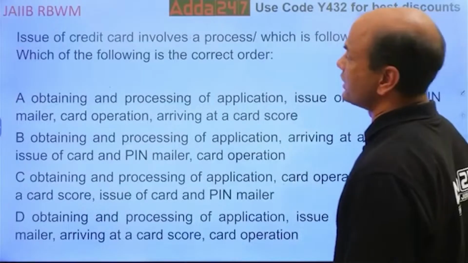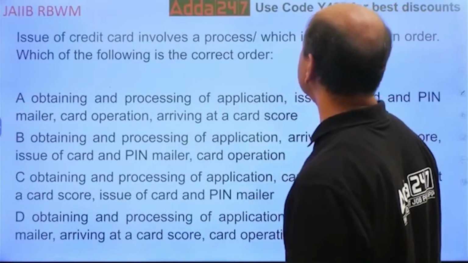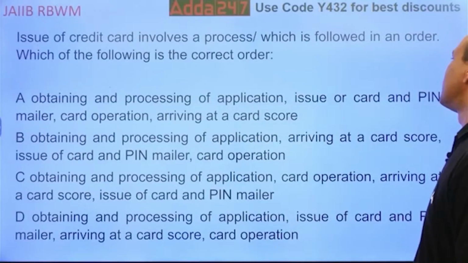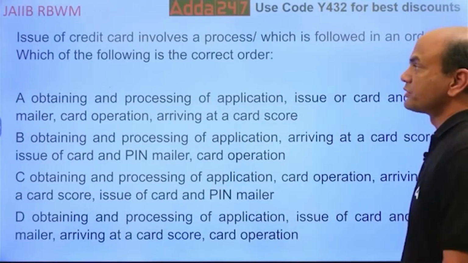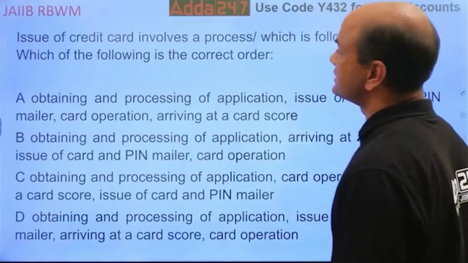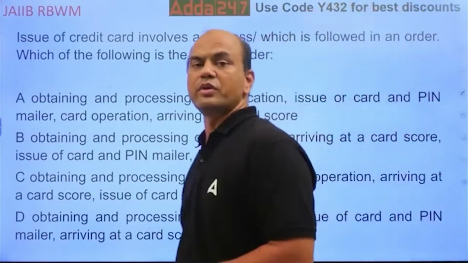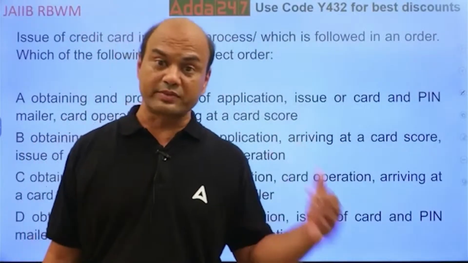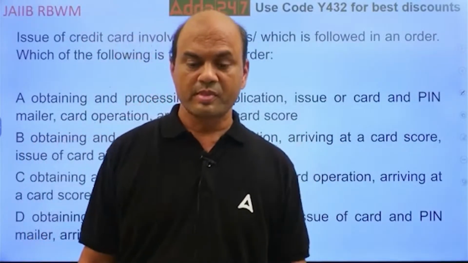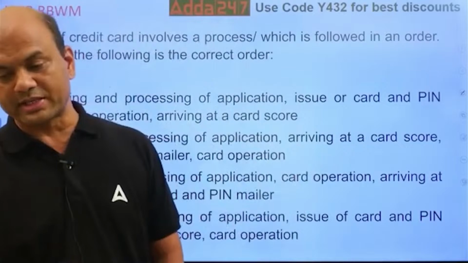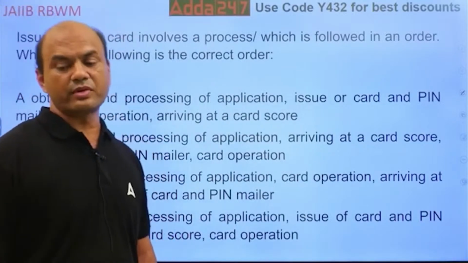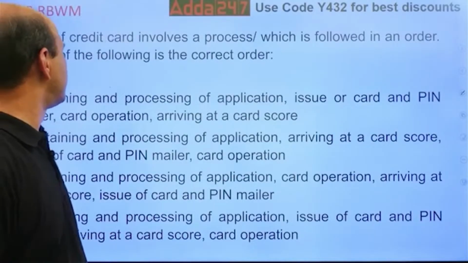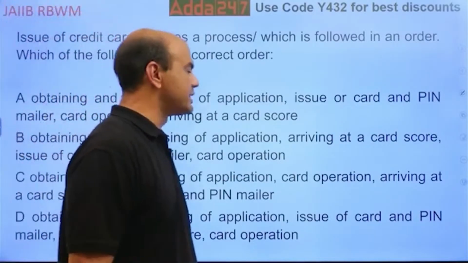Issue of credit card involves a process which is followed in an order. Which of the following is the correct order? Issuing a credit card involves a particular sequence. Order means sequence. So which is the correct sequence over here? Option A: obtaining and processing of application, issue of card and PIN mailer, card operations, arriving at a credit score.